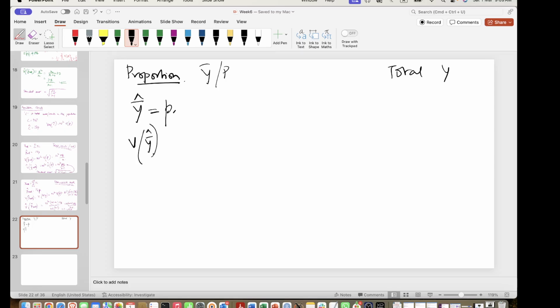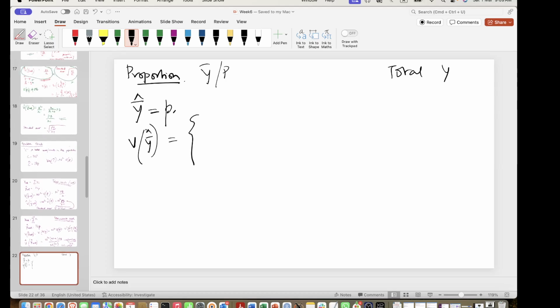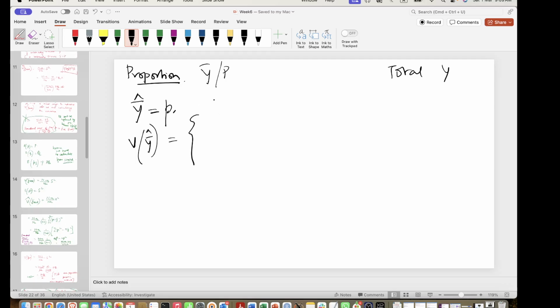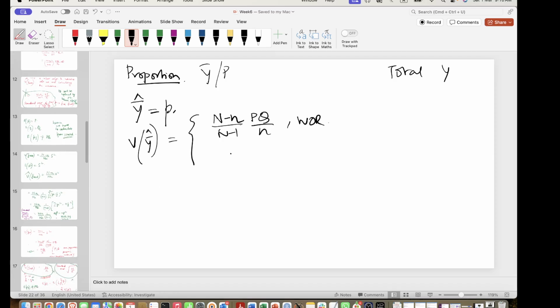Variance of y bar hat equals N minus n by N minus 1 pq by n when we have WOR, and pq by n when we have WR.